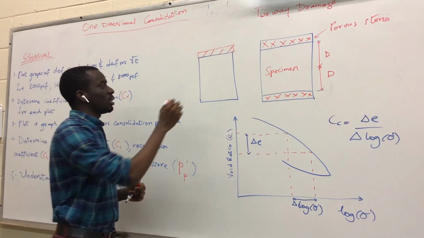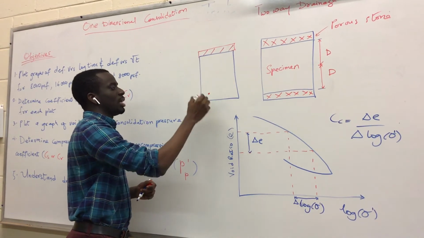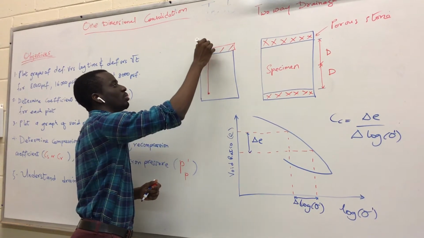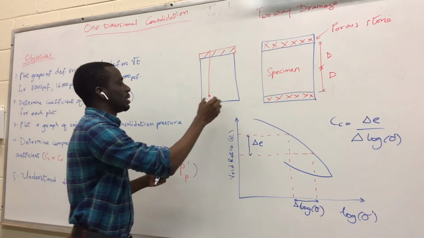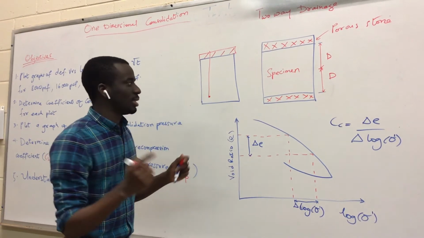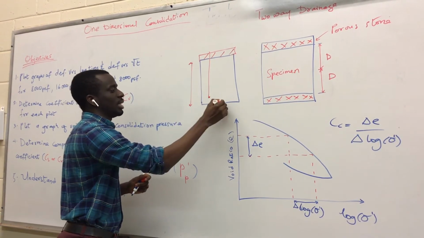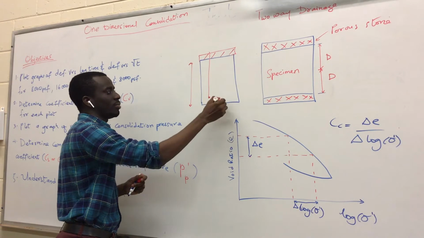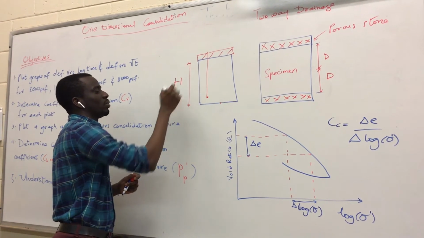It means if I have a water particle over here that wants to be expelled out, it has to travel all the way to the top to leave out of the sample. So it's one way. In that case, the highest drainage height would be the whole length, which means that if a particle is here, it cannot come out through this side, but rather through the other side. So the drainage height should be the H, the total height of this.